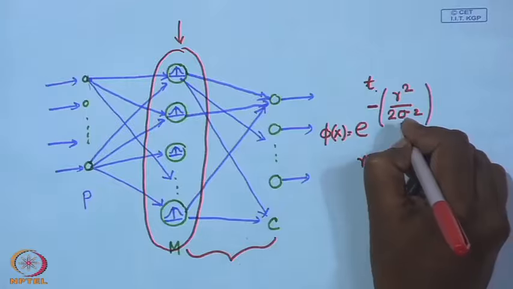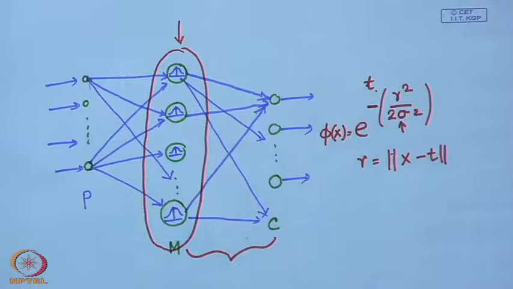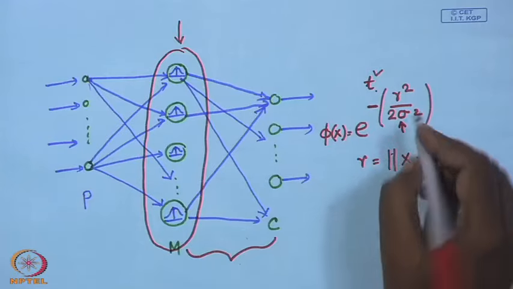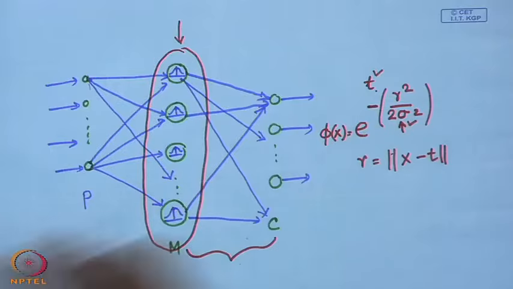This sigma indicates the spread of the radial basis function, so that also has to be trained. So, by saying that I want to train the hidden layer nodes, for each node I have to find out what t is, and for each node I have to find out what sigma is. That is what is meant by training of the hidden layer nodes.